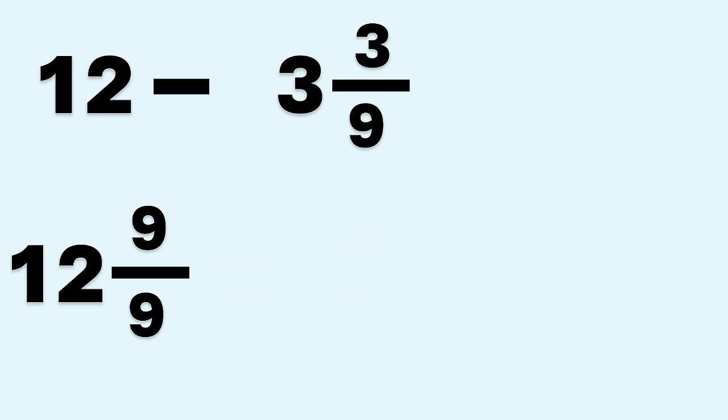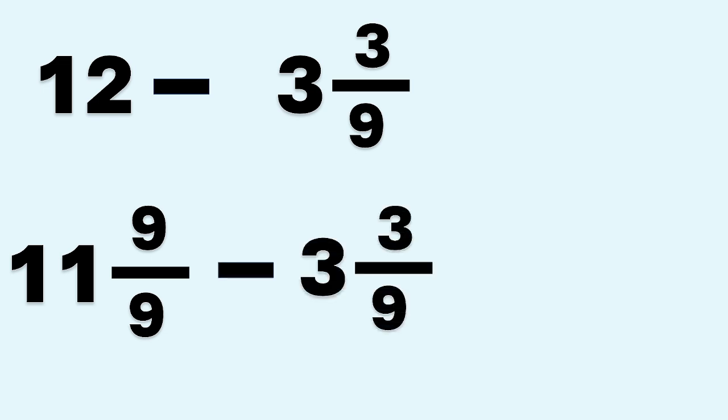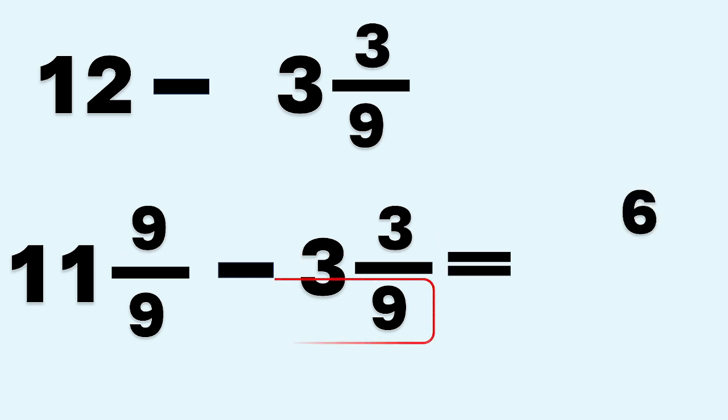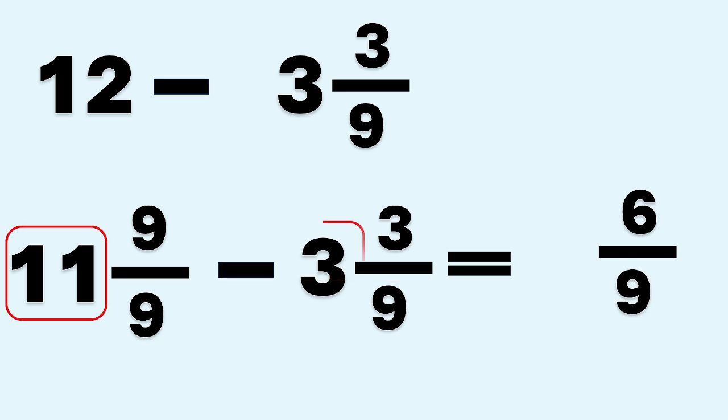Now, we can subtract the numerator. 9 minus 3 equals 6. Then copy the denominator 9. And subtract the two whole numbers. We have here 11 minus 3 equals 8. So the answer is 8 and 6/9.